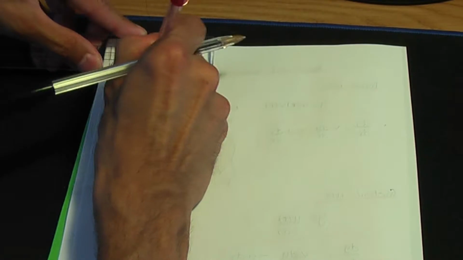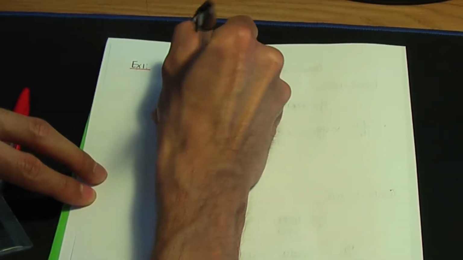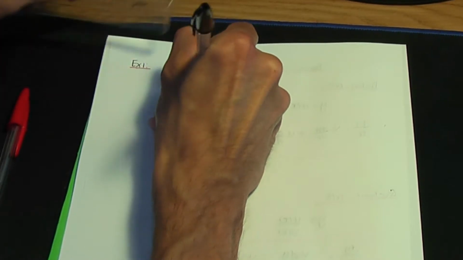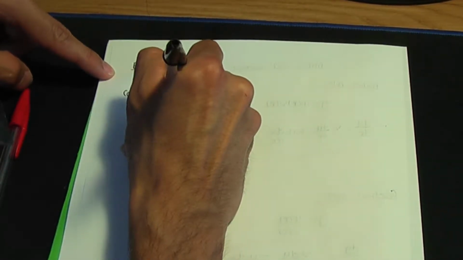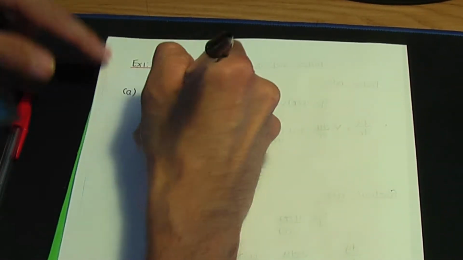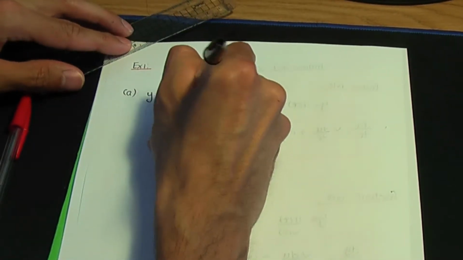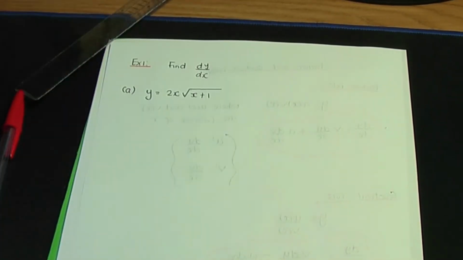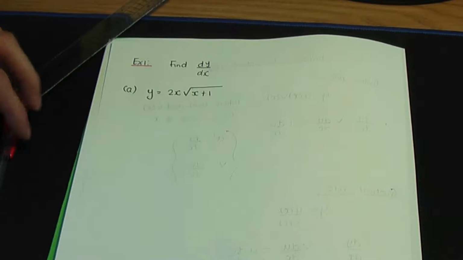So example number 1. So the question is, find dy by dx. And here's part A. Let's differentiate y is equal to 2x into the root of x plus 1.